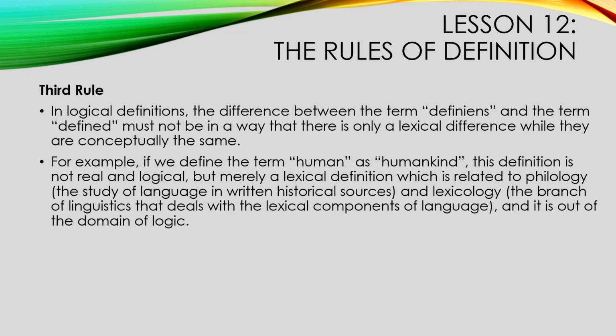For example, if we define the term human as humankind, this definition is not real and logical, because it is merely a lexical definition which is related to philology, the study of language in written historical sources, and lexicology, the branch of linguistics that deals with the lexical components of language, and it is out of the domain of logic.